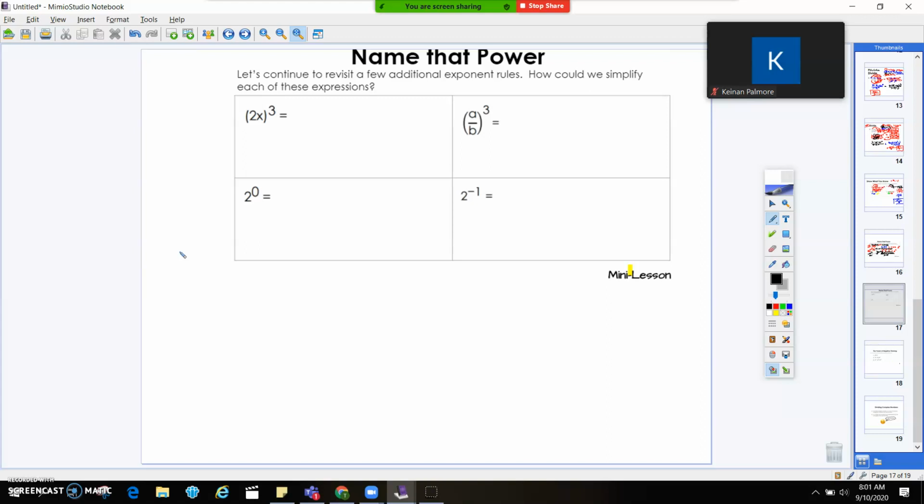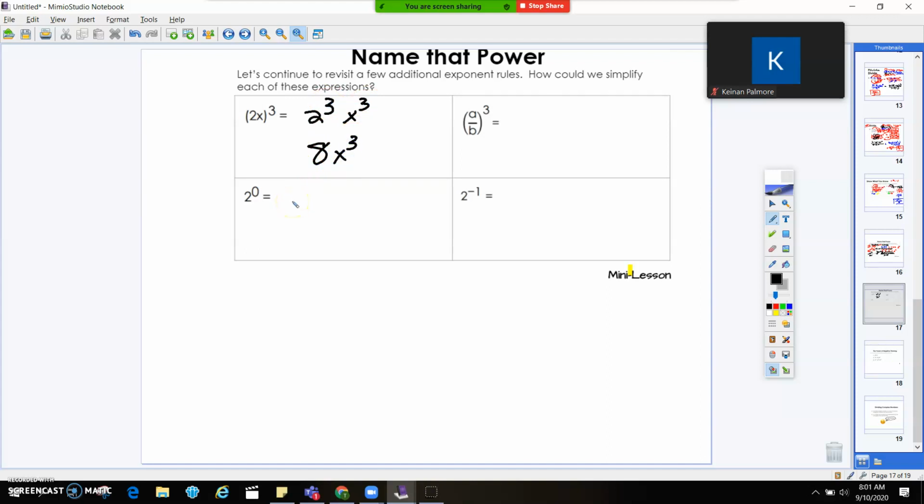Okay? So on that first one, it's taking 2x and raising it to the third power. Notice how the parentheses are around the entire 2x. Okay, so this is really like saying 2 to the third power and x to the third power. Well, what's 2 to the third power? 8. And x to the third is just x to the third.